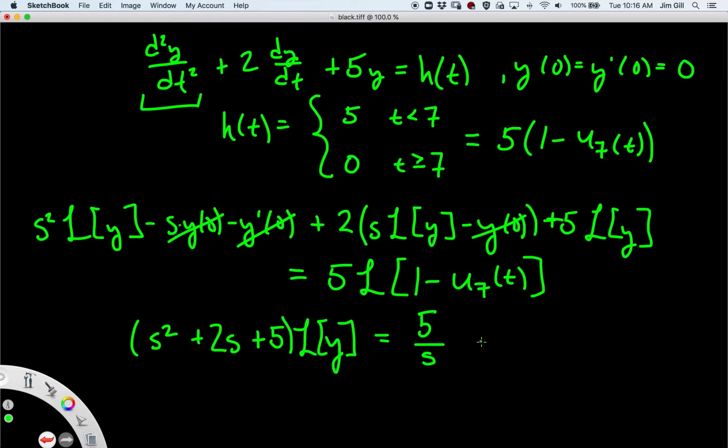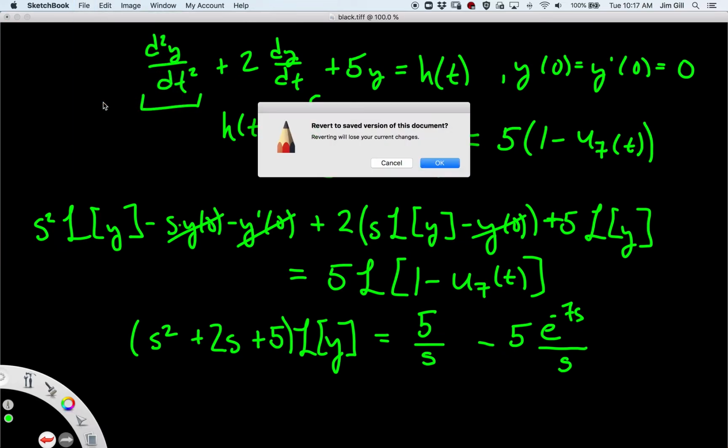And then if we recall, the Laplace transform of the Heaviside function is e to the minus 7s for the 7-second delay, divided by s. And there's a 5 here as well. All right, so there is our situation here. Now we need to isolate the Laplace transform of y. So let's do that in the next screen.